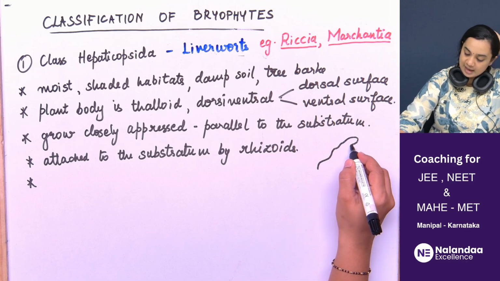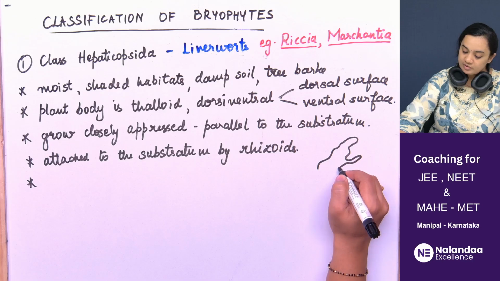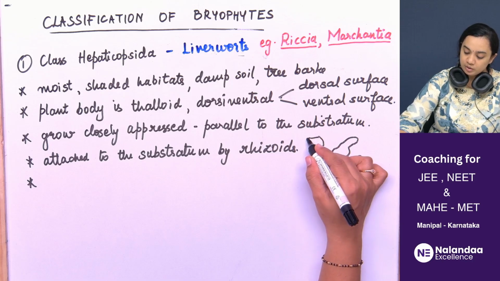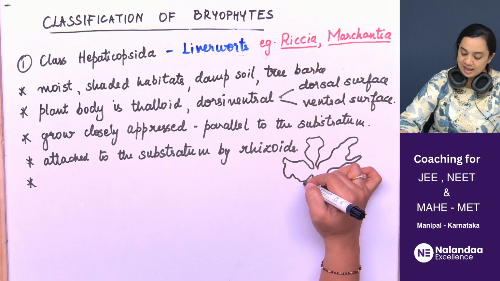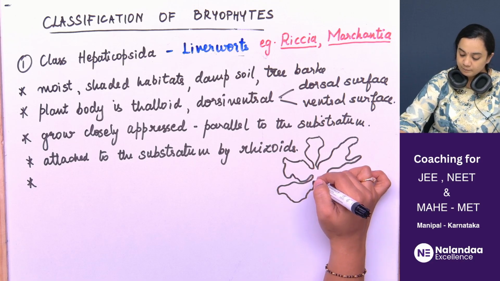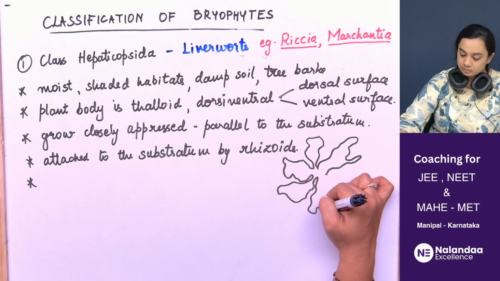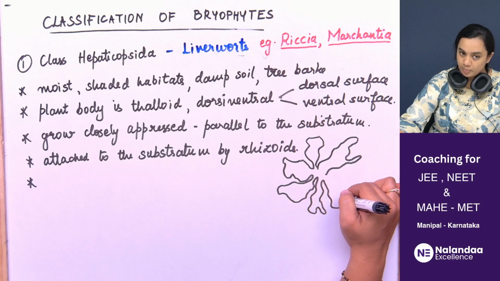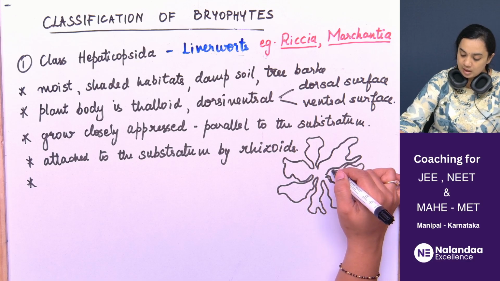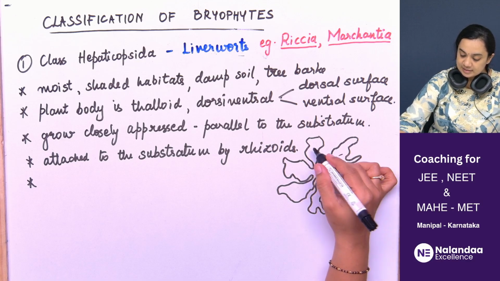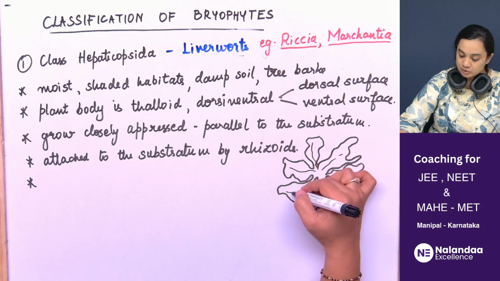A diagram of liverworts is given in your textbook. It looks something like this. It's a lobed thallus, and this is the dorsal surface that you see.